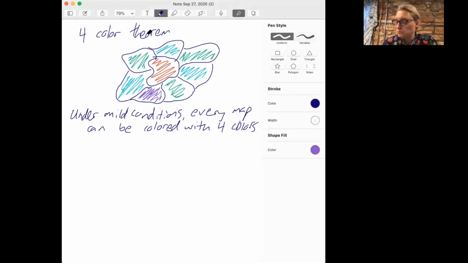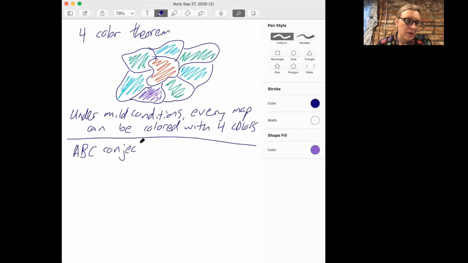There's a different one in number theory, called the ABC conjecture. Maybe I'll tell you about two things. One was the ABC conjecture.